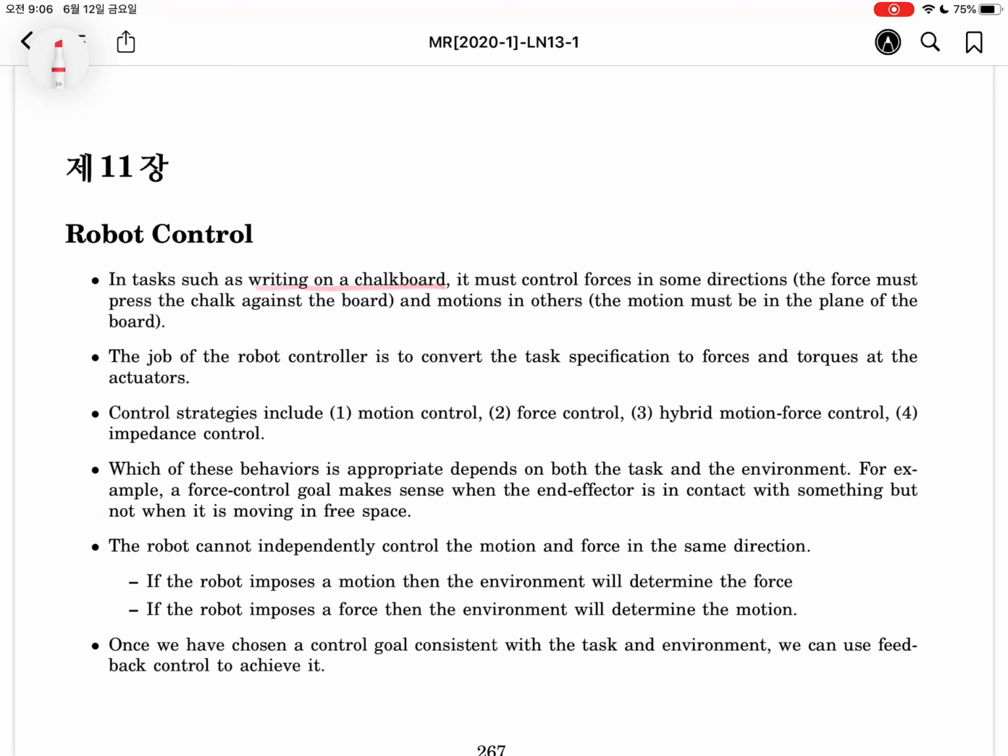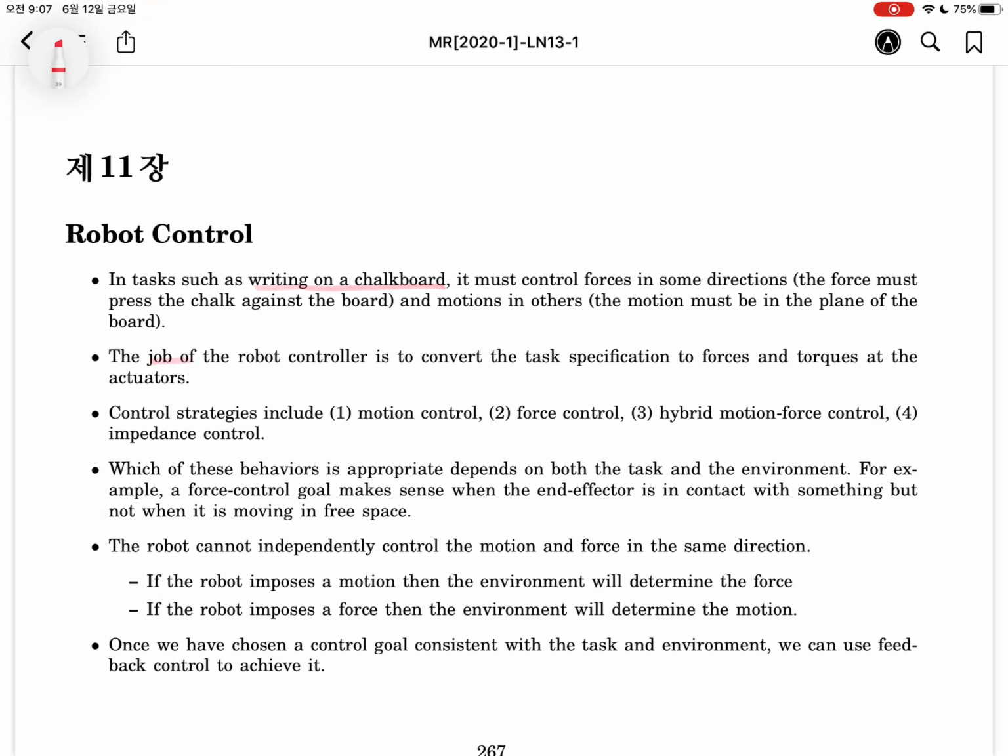Because the chalkboard will be the environment to constrain the movement of the robot. On the other hand, the writing will be performed in the plane of the chalkboard. Like this, the control objective will be two kinds of things, force and motion.